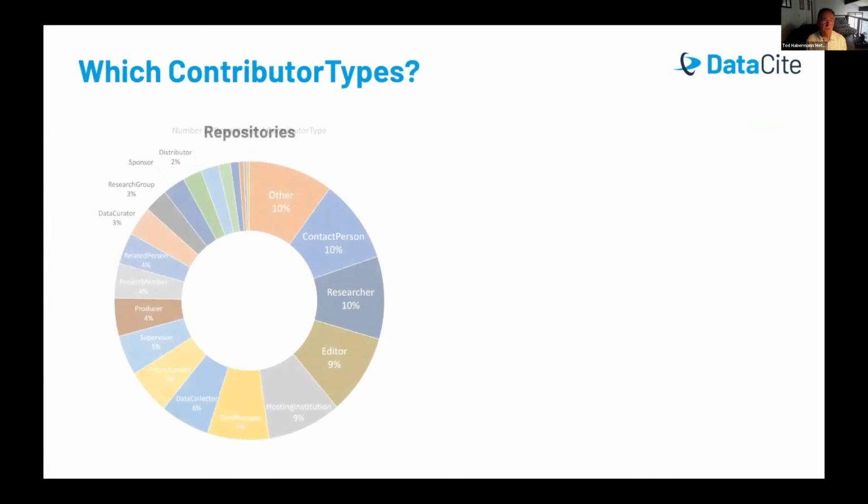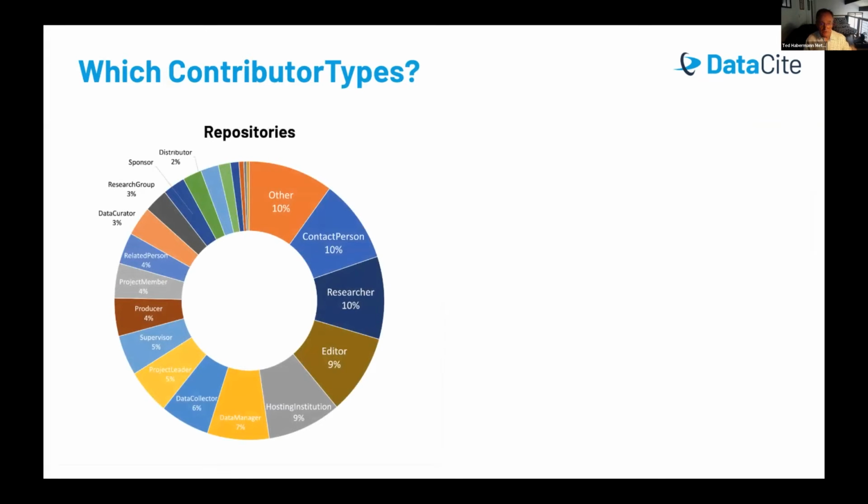So what are the contributor types that are being used? Across the repositories, there's 4 or 5 that are being used sort of consistently in about 9 or 10% of the repositories: contact person, researcher, editor, and hosting institution. Others are used less than 9%, but a fairly even distribution.